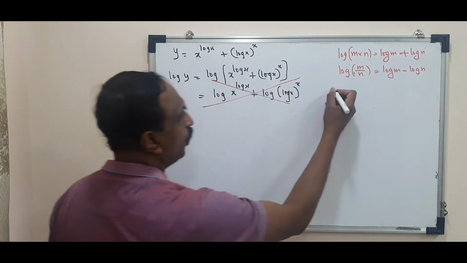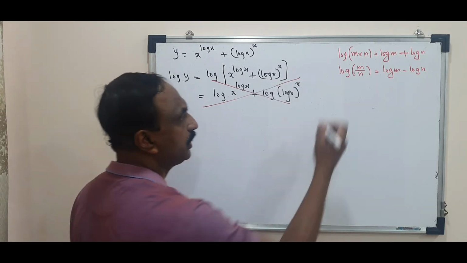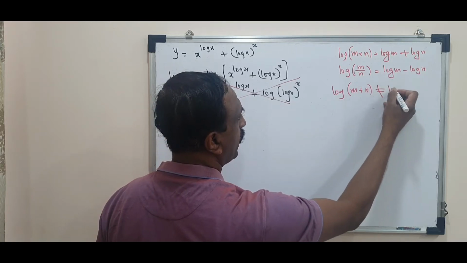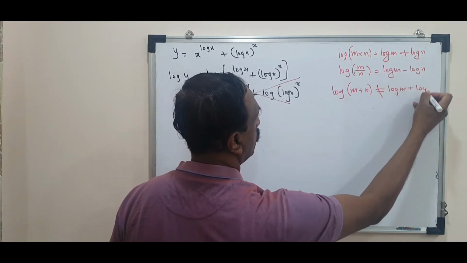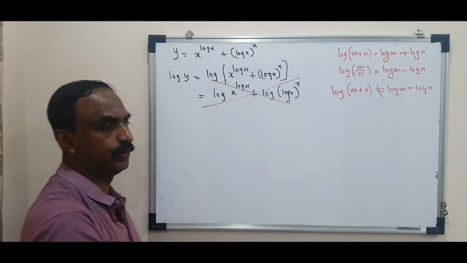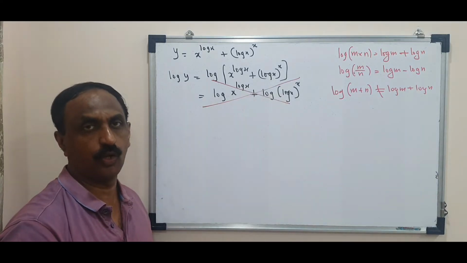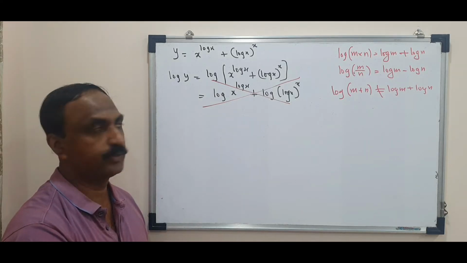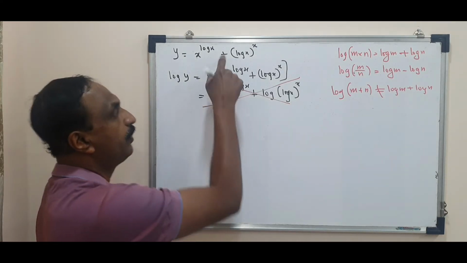This is totally wrong. Why is it wrong? Because there is no formula for log of m plus n. There is no such formula as log m plus log n. Because this formula is not true, this application is wrong. So you cannot apply direct log in such a problem.